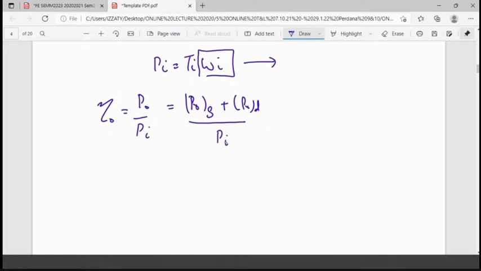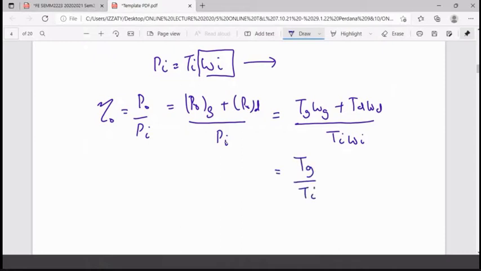If you don't want to use this, you can also use another form of the equation, which is you expand the equation, becoming this one plus TD omega D divided by TI omega I. And you can expand it, becoming TD, this one is TI, this one becoming N, isn't it?